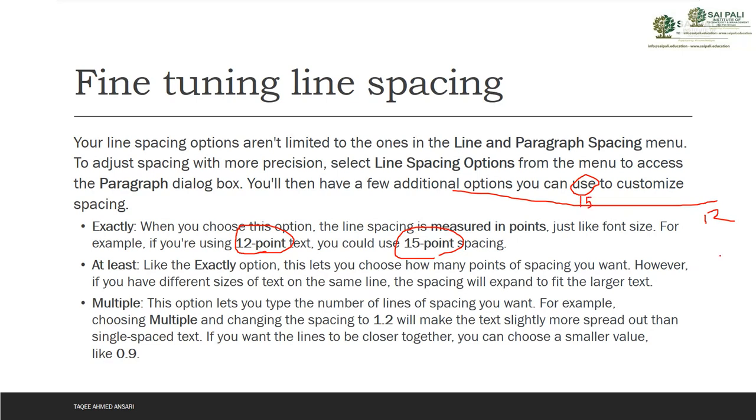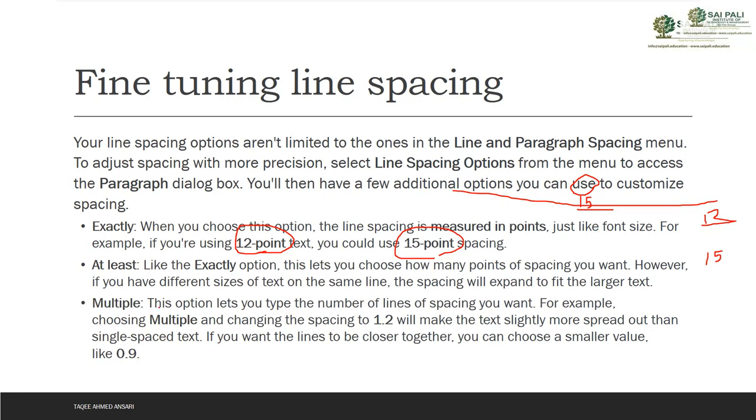So when I add the point, like in exactly I say I want 15 point, then what? It will not increase accordingly to this point, it will do it accordingly to this point. That means the largest size of your text in the line.